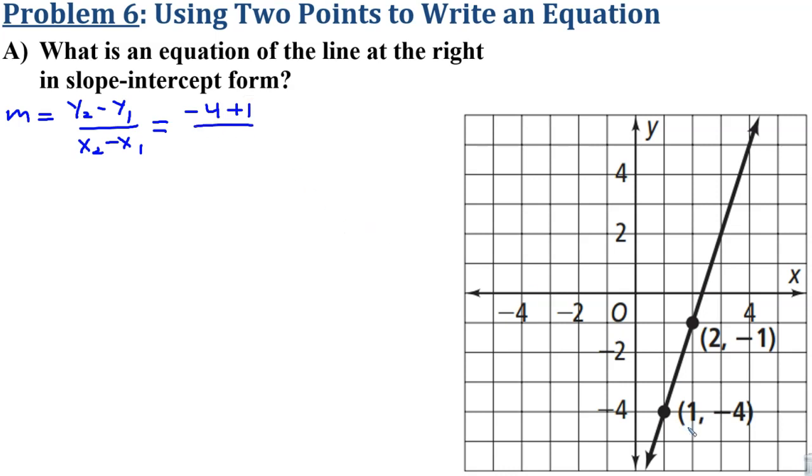Over same order, x minus x, we can say 1 minus 2. And that's going to give us a negative 3 over negative 1, which we could just call a positive 3 for a slope.